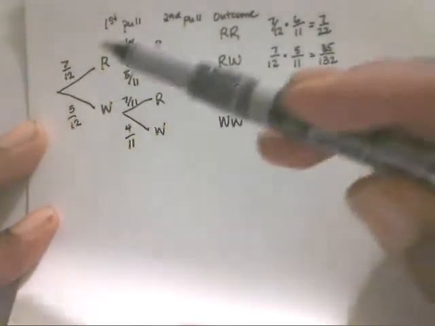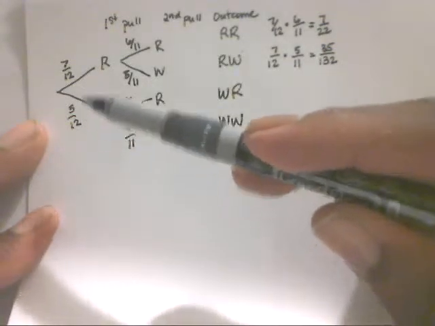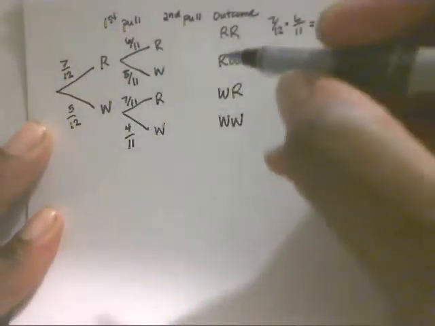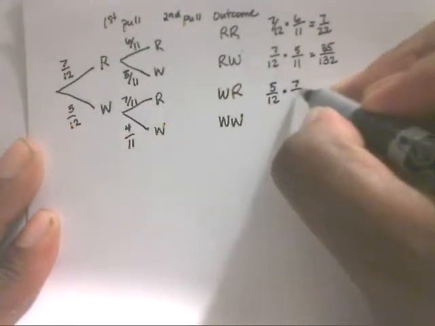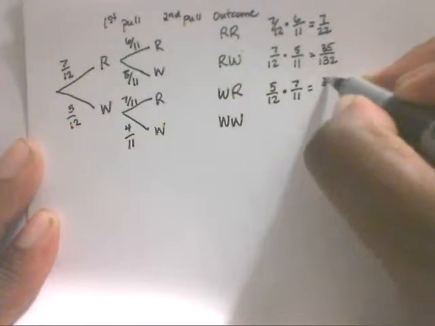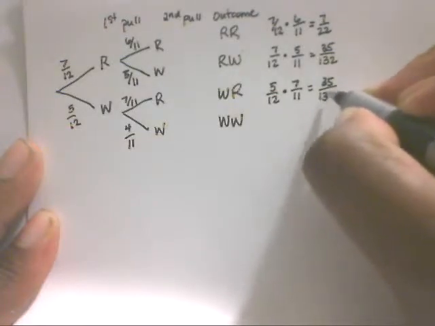And then for a white and a red, that's going to be 5/12 times 7 over 11. That's 35 over 132.